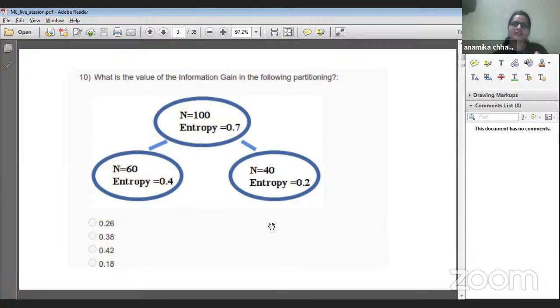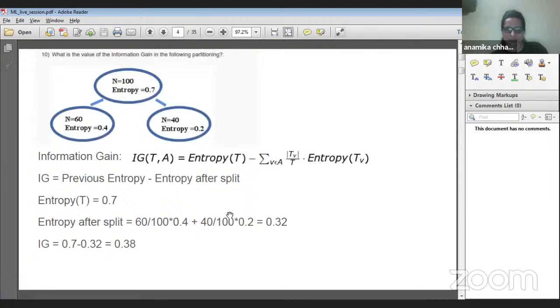Information gain basically tells us how much entropy is reduced, right? So our aim here is to reduce the entropy, because as I said, entropy means randomness, and our aim is to reduce the randomness. So once we divide, the overall entropy will go down. So how much entropy goes down is what is called the information gain. Okay, so let's see how we do that.